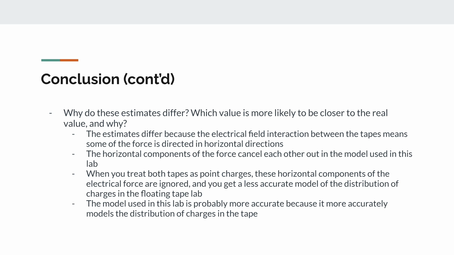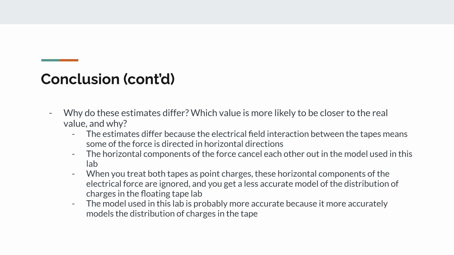The estimates differ because the electrical field interaction between the tapes means some of the force is directed in horizontal directions. If you take the leftmost charge on the top tape, it's experiencing a horizontal force from the rightmost charge on the bottom tape, pointing to the left.